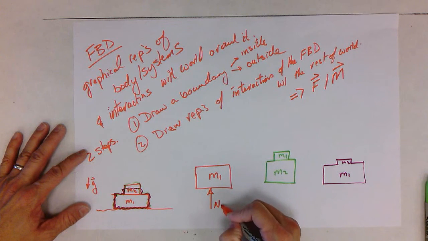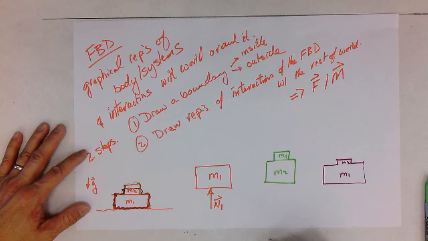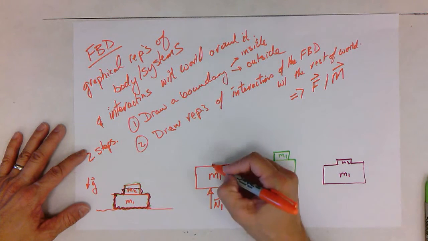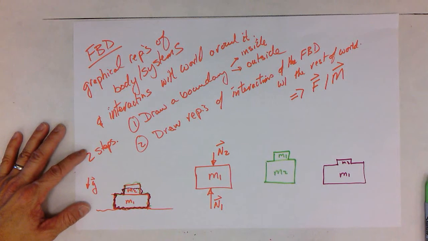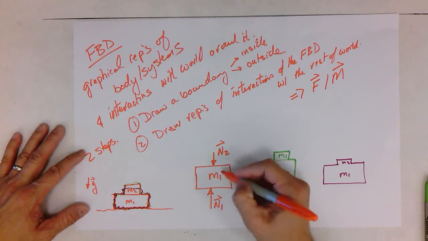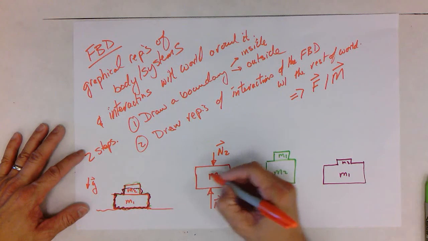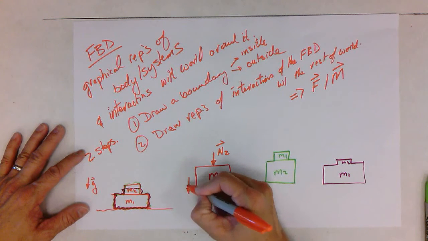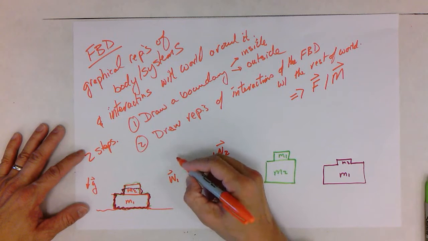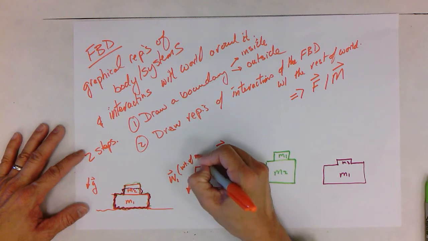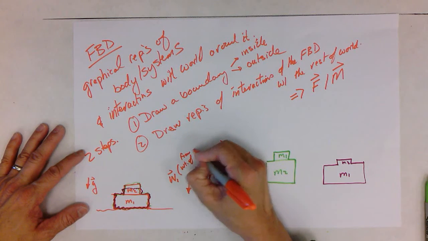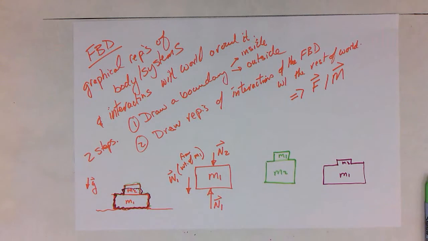I'm going to draw its interaction as a force, which I'll call N1. M2 is sitting on top of it. It interacts with this at the boundary. And it also has a weight. So here's a weight. I'll draw this just on the side, and this comes from weight of M1. Okay, so maybe apply to some point here.